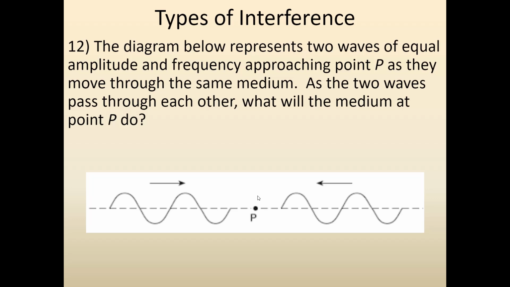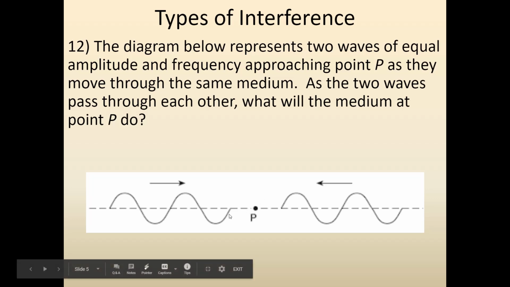All right, first I'm going to try to conceptually explain what's going to happen, and then I'll show you an example. Here they have two waves coming together, and they want to know what point P does. So we need to figure out, by the time these waves come together, is this going to be constructive or destructive interference? Well, this left hand wave has a trough coming towards it.